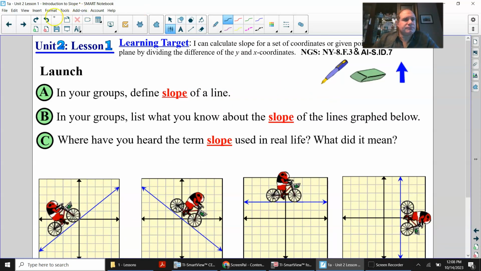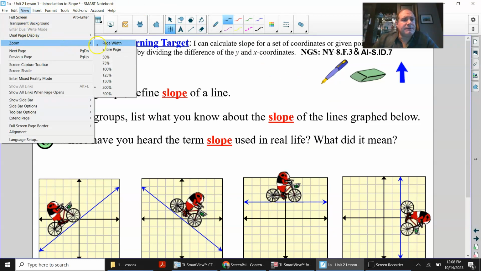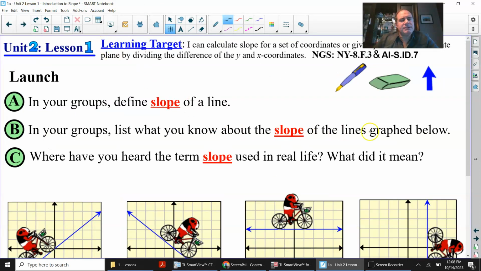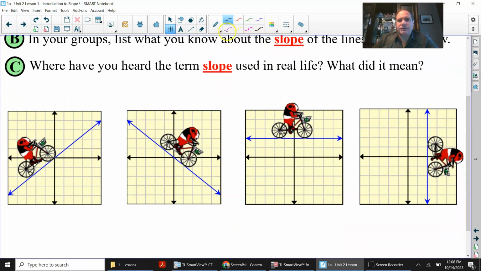Okay. So when we're talking about slope, we're talking about positive slope, negative slope, a slope of 0, and an undefined slope. What we're talking about here is always reading a graph the way you read a book, from left to right. We start on the left side and move to the right side as we look at the graph.